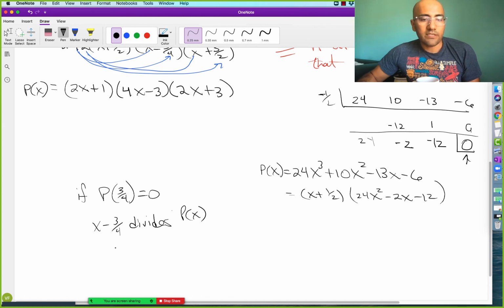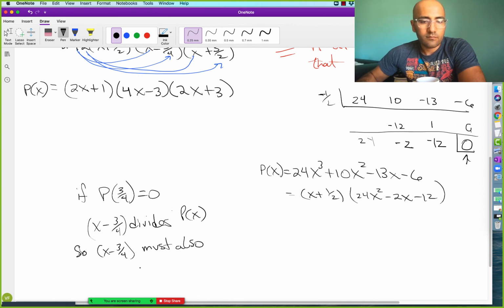But it must also divide this 24x squared minus 2x minus 12.